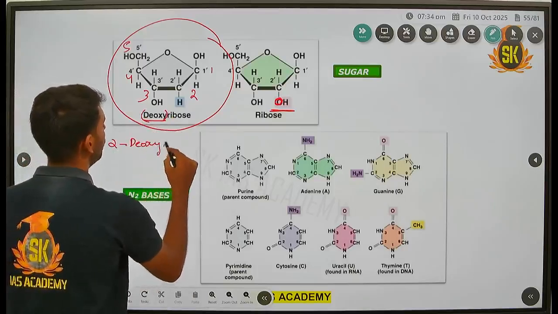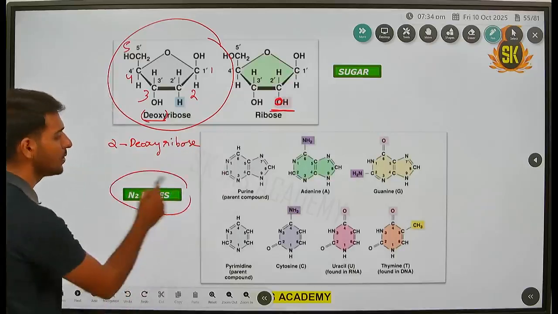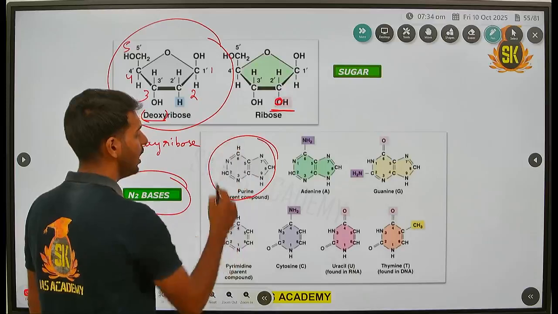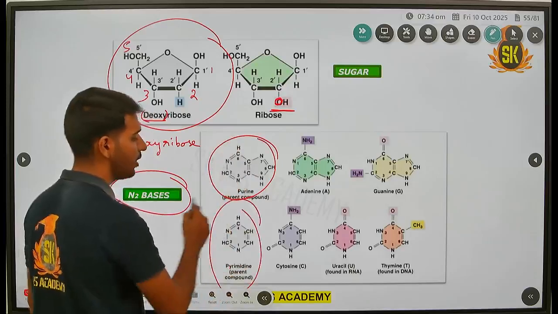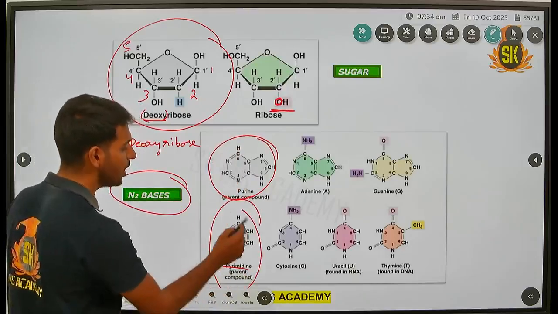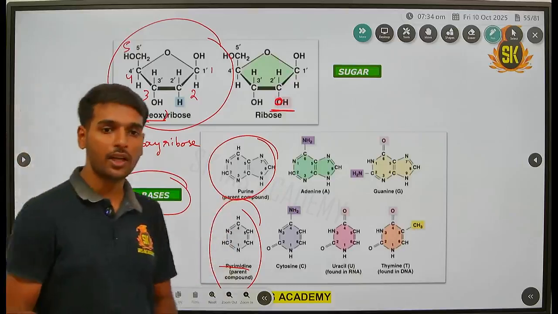Actually, the full name is 2-deoxyribose. Okay. Now, nitrogen bases are of two types. One is your purine, the other is your pyrimidine. Pyrimidine has only one ring, but purine has two rings.